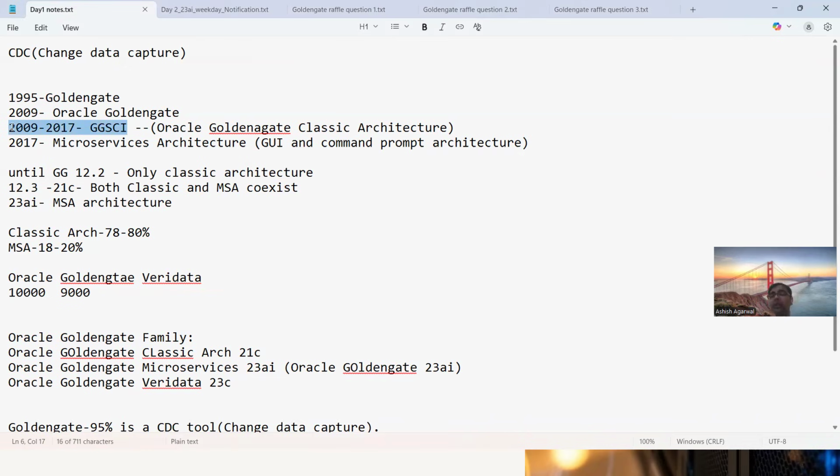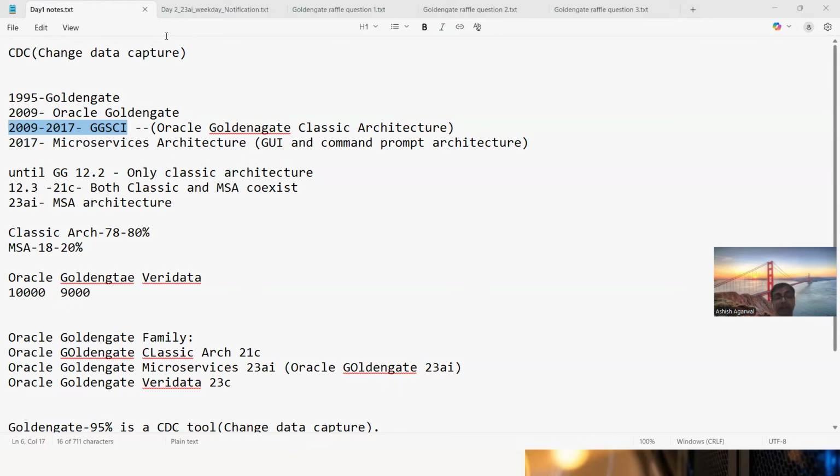And we used to call it just Oracle GoldenGate because that was the only way to configure it. Now in 2017, Oracle launched a new architecture of GoldenGate, which is called microservices architecture. Hence, they renamed the existing architecture, which is GGSCI based, to classic architecture. So classic architecture is the traditional architecture which allows you to set up, manage, troubleshoot, and configure GoldenGate through GGSCI.